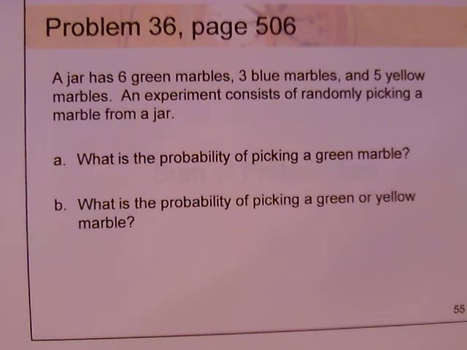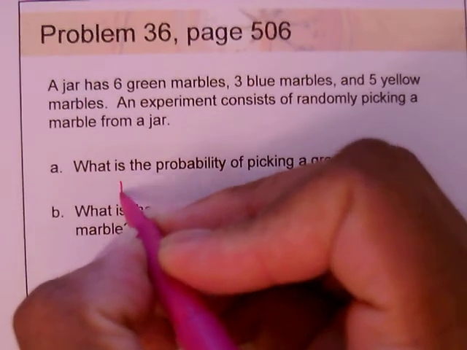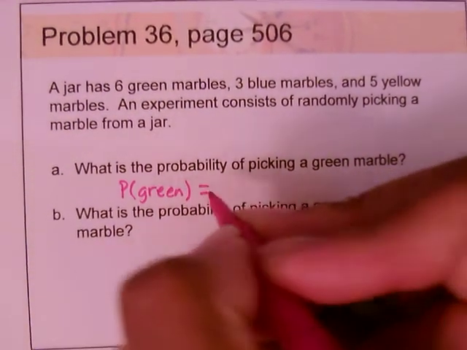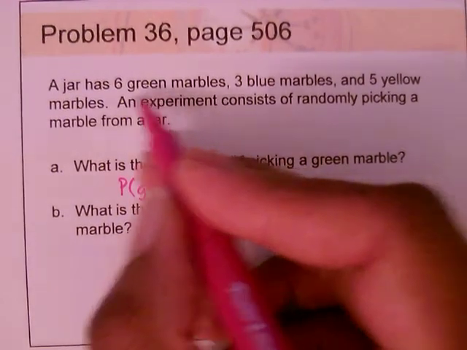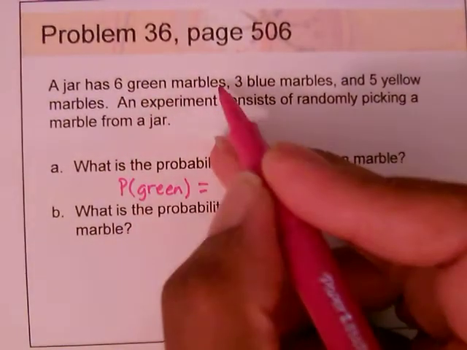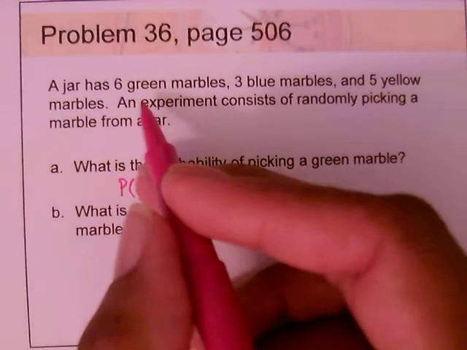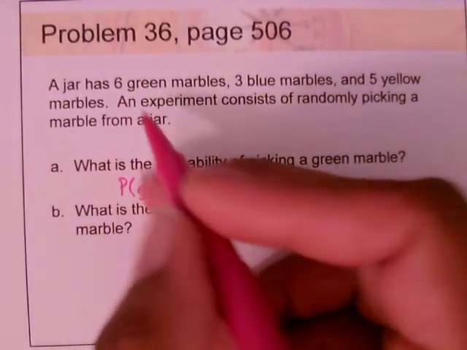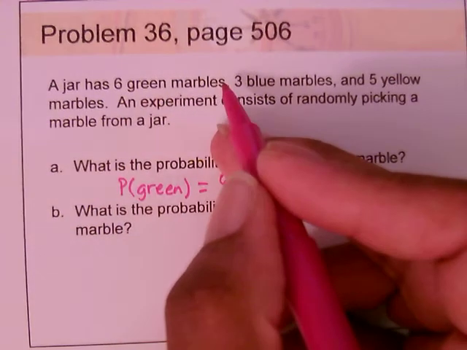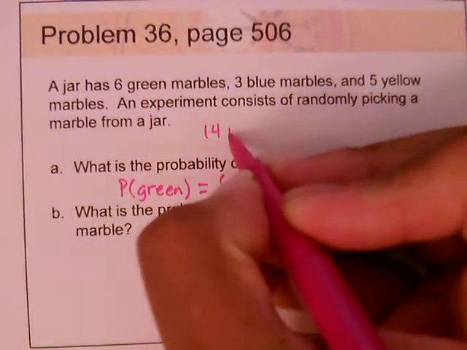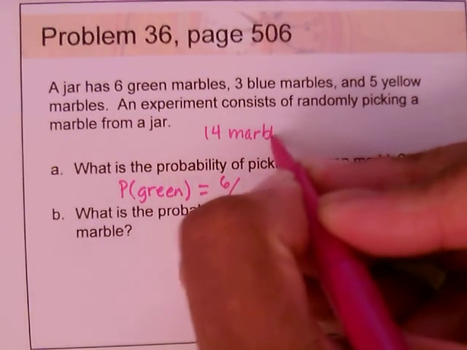So let's say the probability of selecting a green marble out of the jar. And it says here we got 6 green marbles. So I know that the numerator is 6. Now I need to know how many marbles altogether are in that jar. So if I add 6 and 3, that's 9, plus the 5 yellow marbles, that's going to be 14 marbles altogether. So that denominator there will be 14.